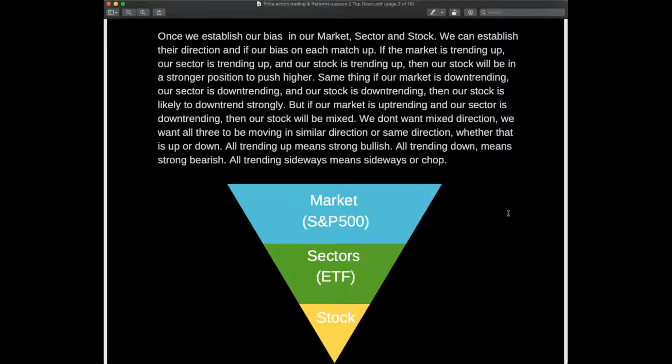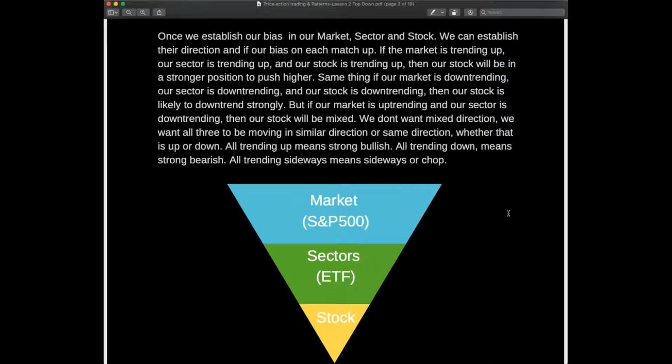If the market is trending up, our sector is trending up, and our stock is trending up, then our stock will be in a stronger position to push higher. Same thing if our market is downtrending, our sector is downtrending, and our stock is downtrending, then our stock is likely to be downtrending strongly.